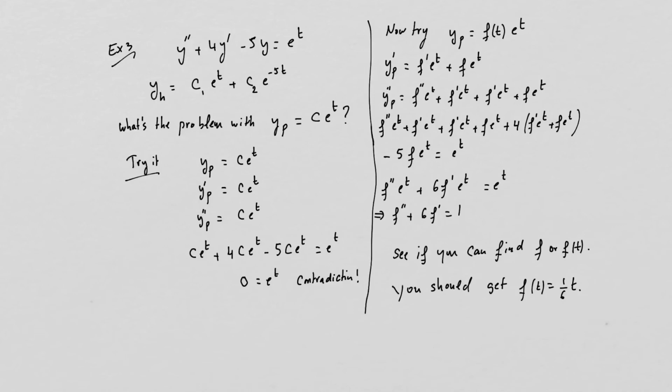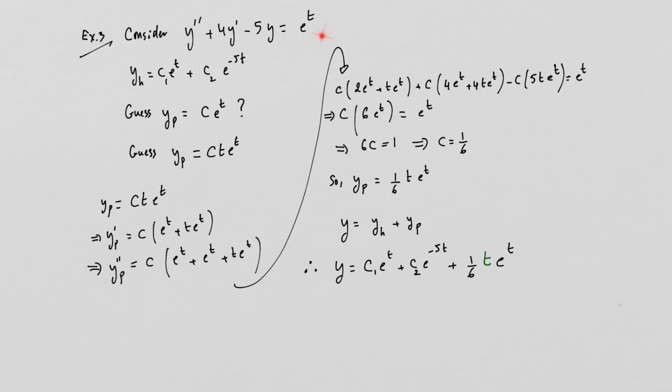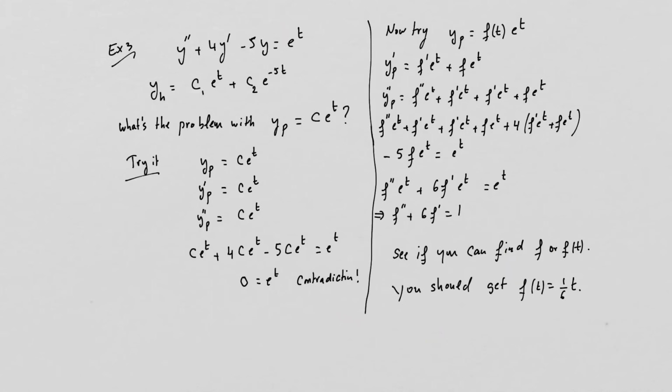I'm going to guess, what is that function I have to pick times e to the t? I have to have e to the t. There is no question in my mind. The question is, what should I put in the front? Is it 1? Is it t? What should I pick? Well, we know it's going to be a function of t. Let's just call it some function of t times e to the t.